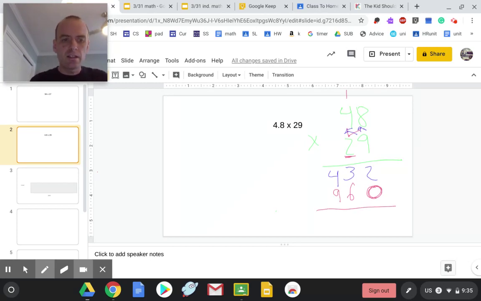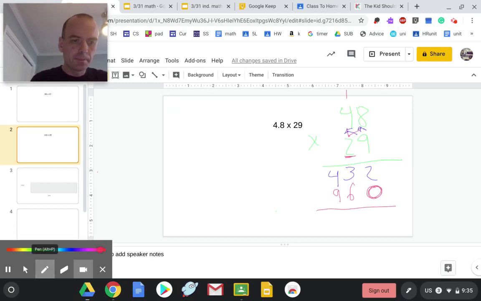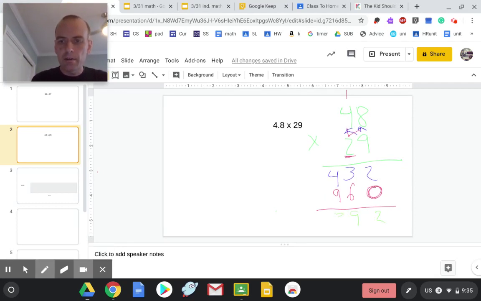Okay, we add these up. And we get 2, 9, 13, 3, and 1. But there was a decimal. Before, this wasn't 48 ones. This is 48 tenths, right?